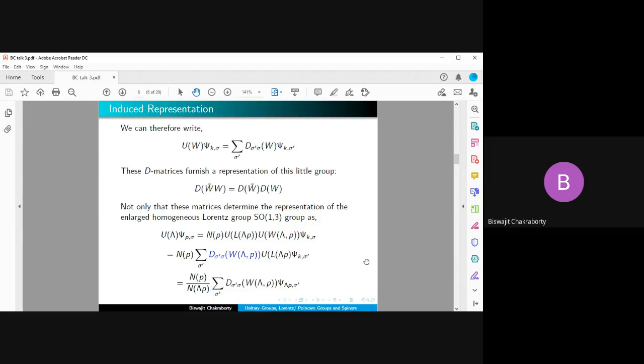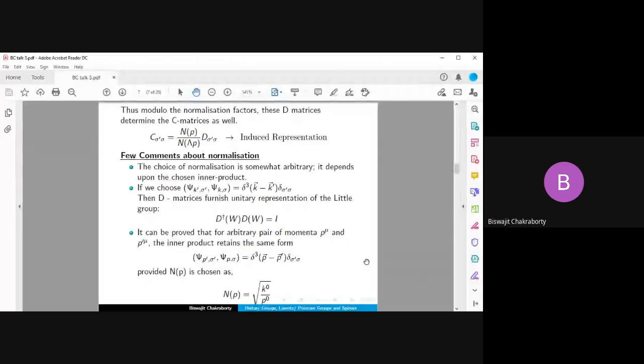So what you are getting is that the action of U lambda on psi P sigma will give you the D matrices, which are defined only for the Wigner little group, and give you psi lambda P comma sigma. So can we go to the next slide, please. It shows that modulo these normalization factors, these matrices determine the C matrices as well.